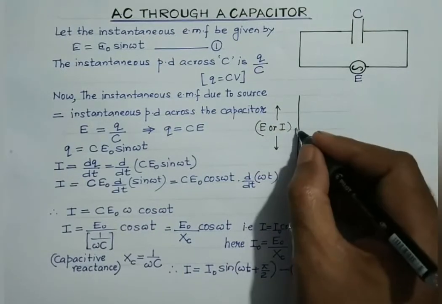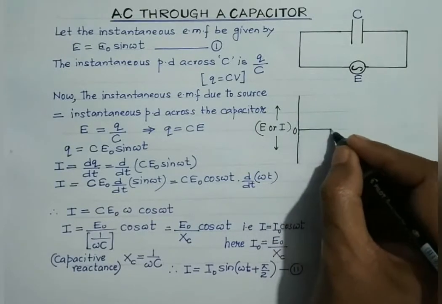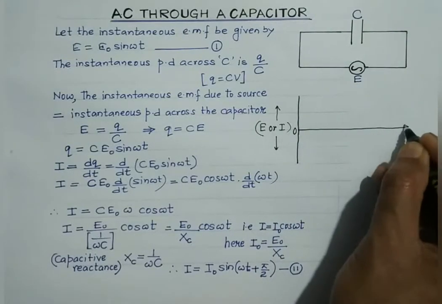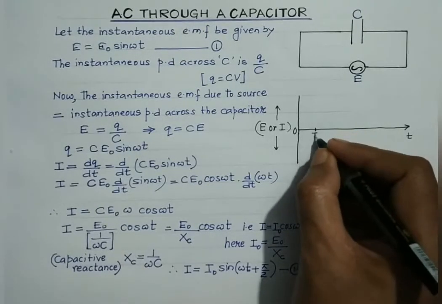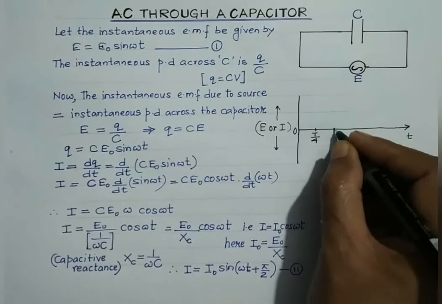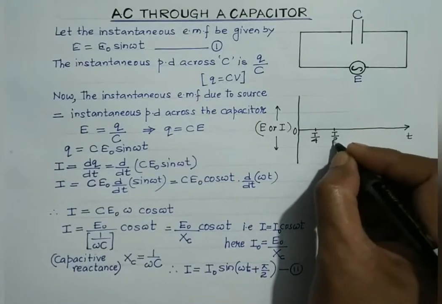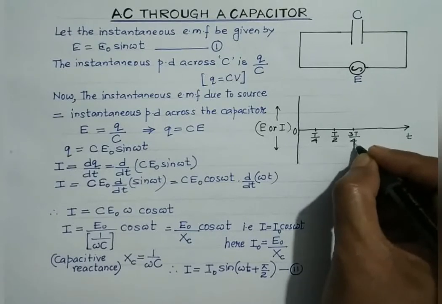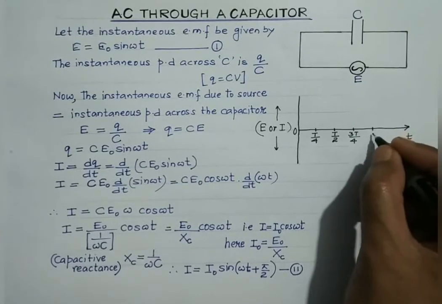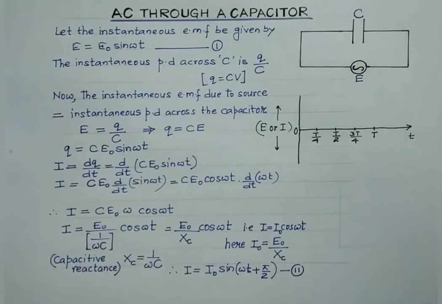And let this be the horizontal axis, and let it represent time. So suppose this is T by 4, that is 90 degree. This is T by 2, that is 180 degree. This is 3T by 4, that is 270 degree. And this is suppose T, that is 360 degree.